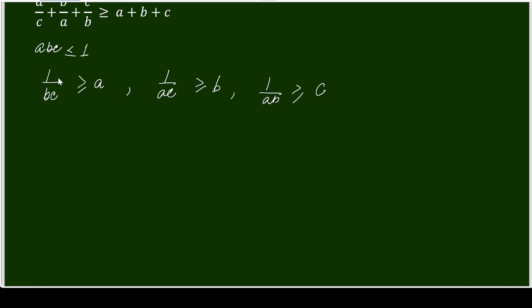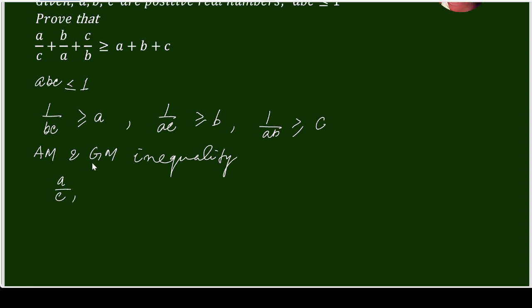Now I am taking the arithmetic mean and geometric mean inequality for the first three terms: a over c, again a over c, and c over b.